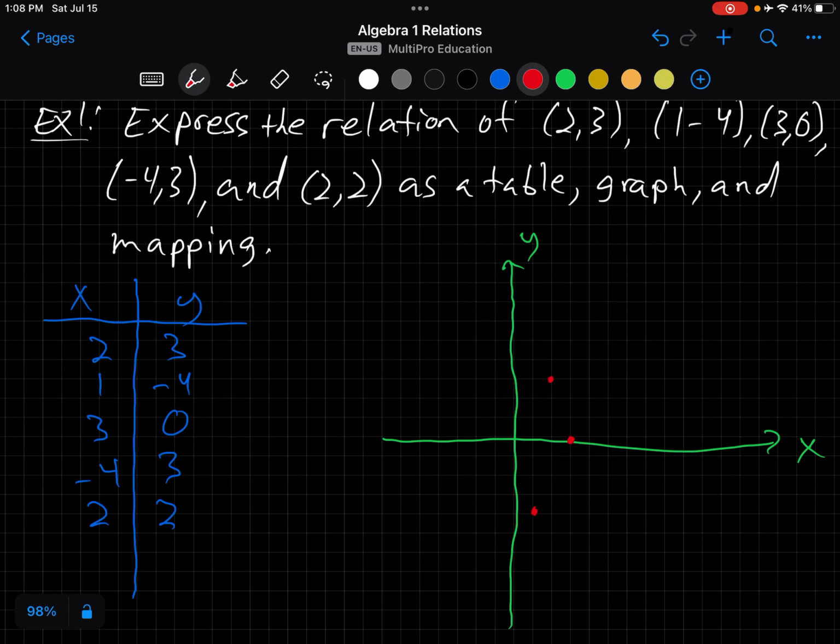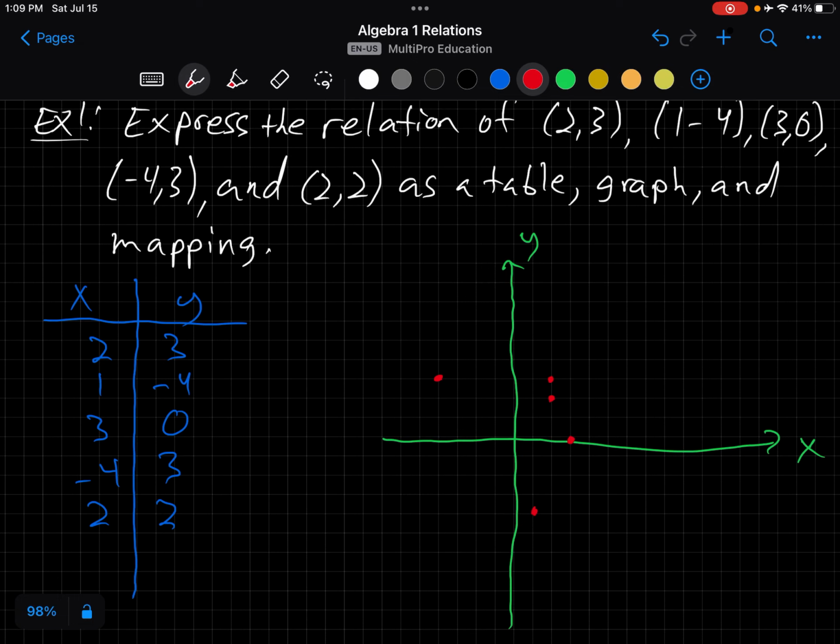Then we go over 3 and 0. Then we go back 4 and up 3. And then we go over 2 and up 2, to the right and up. All right, so we've shown all those on a graph.